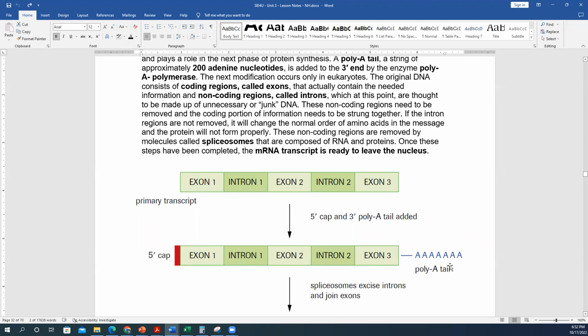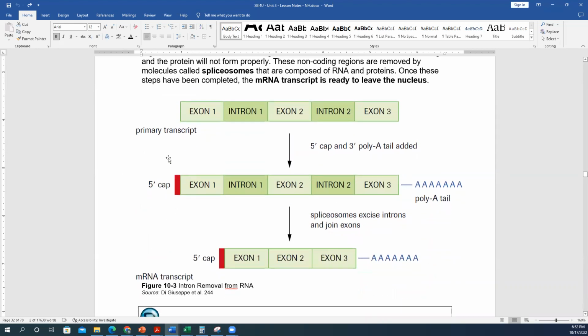A poly-A tail is essentially a long string of adenine nucleotides. Here we've only shown like 6 or 7. In reality, it's a couple hundred adenine nucleotides long. It's added to the 3' end by the enzyme poly-A polymerase. So as you guessed, this polymerase puts on lots of A's.